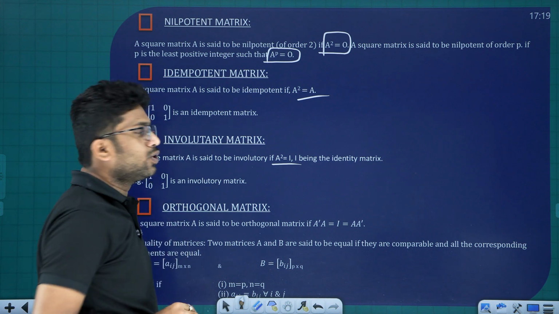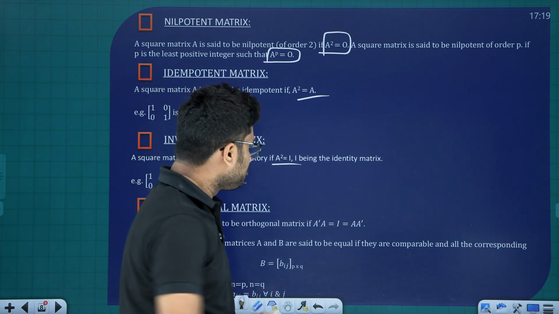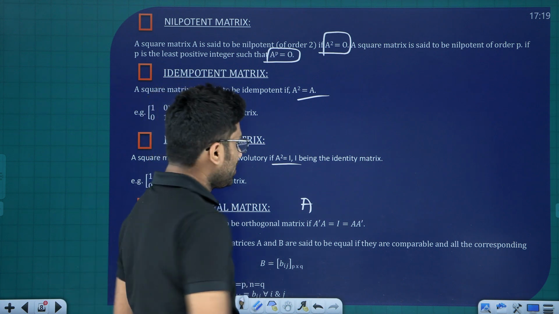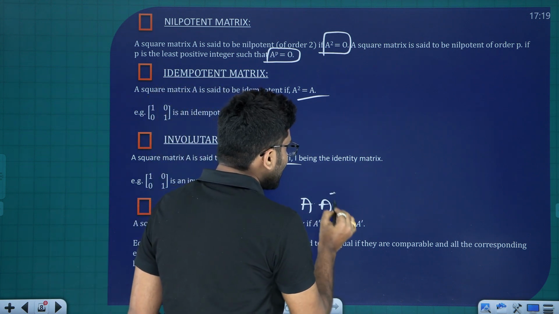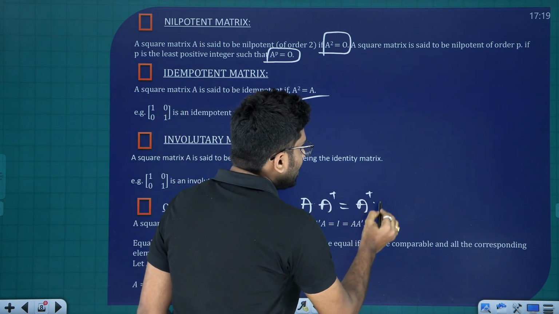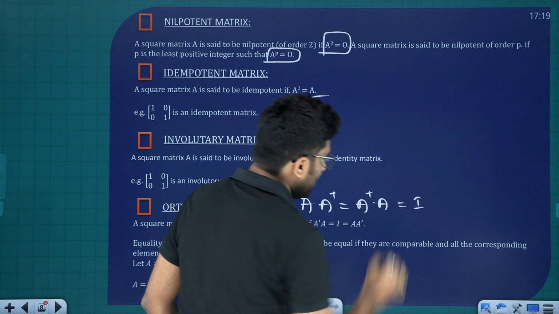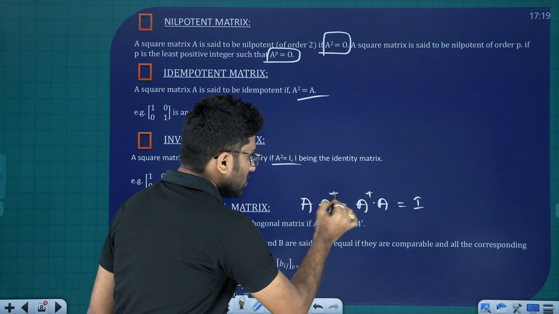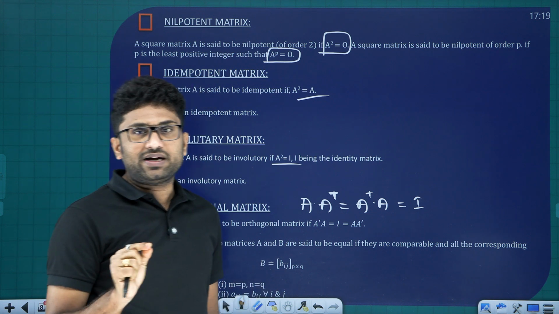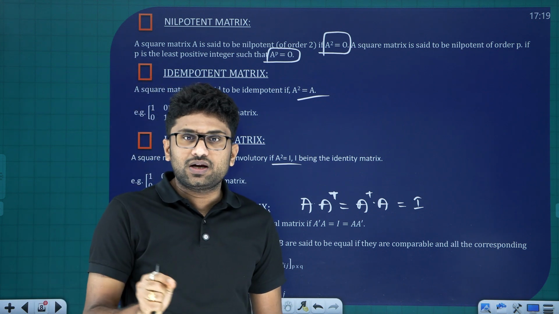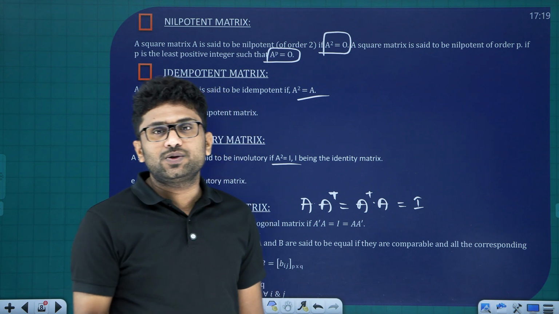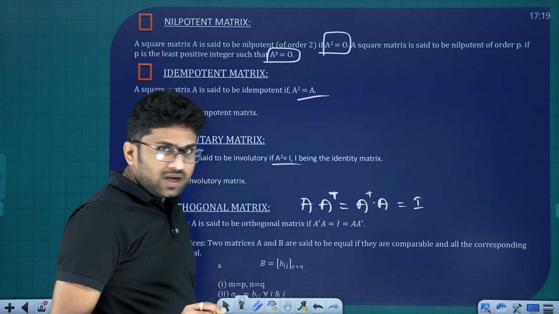Next, last, the orthogonal matrix, which is very important. A square matrix A is said to be orthogonal if A into A transpose is equal to A transpose into A is equal to I. We'll discuss what a transpose is, but before that, this is the definition of orthogonal.